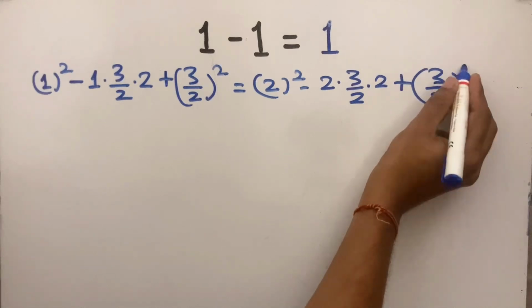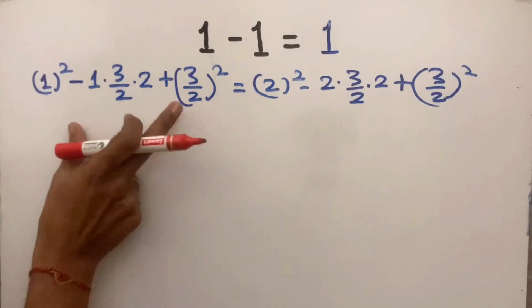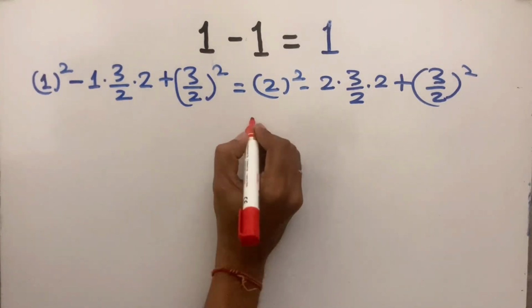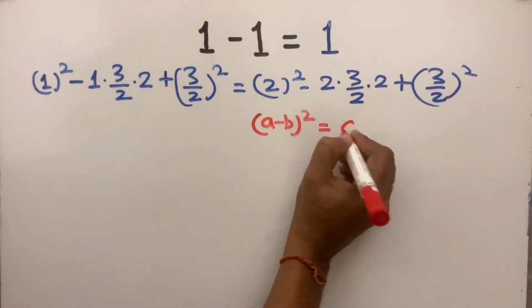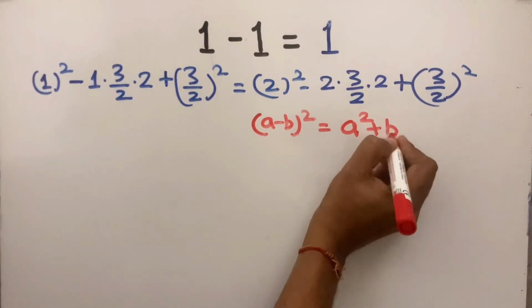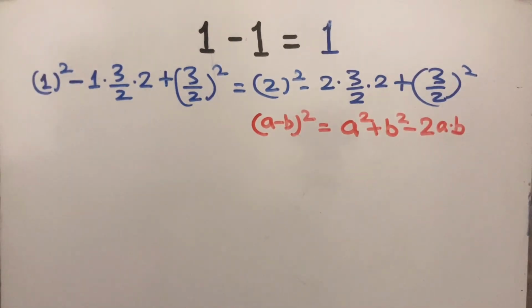Now these terms on both sides of the equation are in the form of a minus b whole square, which is equal to a square plus b square minus 2a multiplied by b.